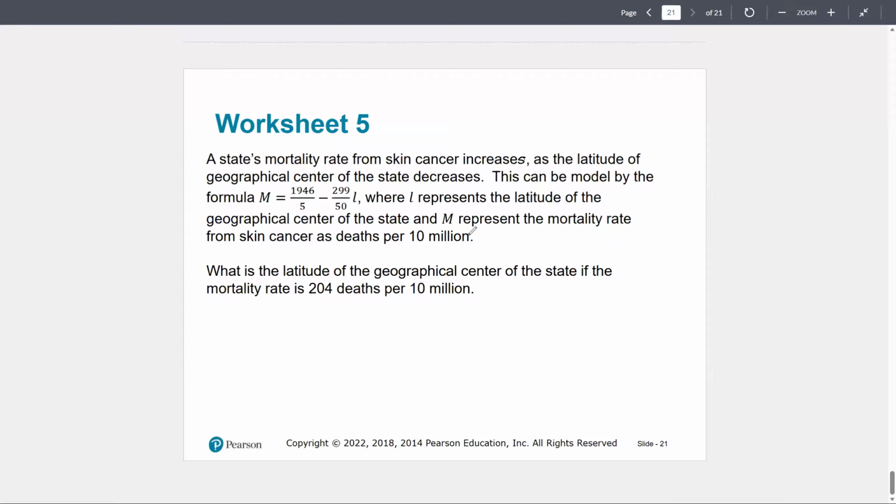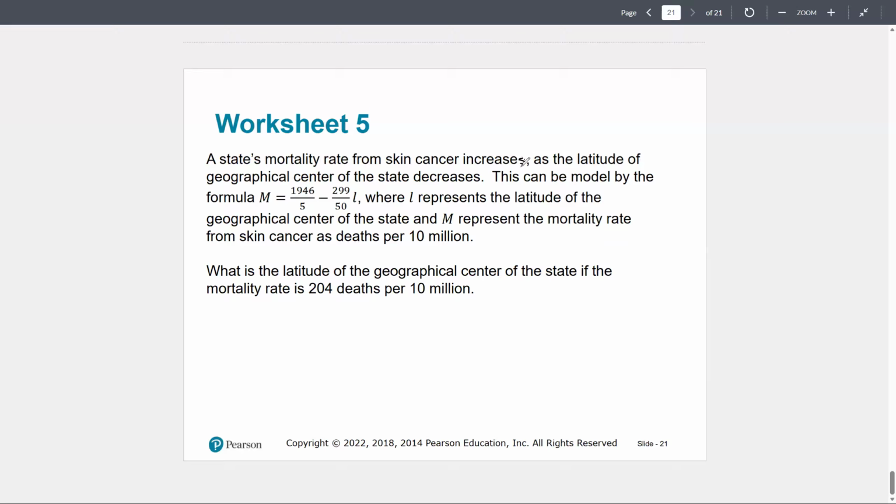This can be modeled by the formula M equals 1,946 over 5 minus 299 over 50 L, where L represents the latitude of the geographical center of the state, and M represents the mortality rate of skin cancer in deaths per 10 million.